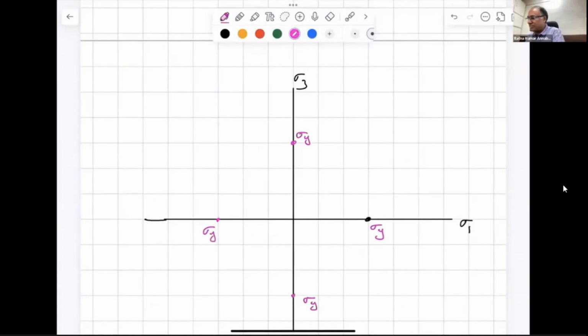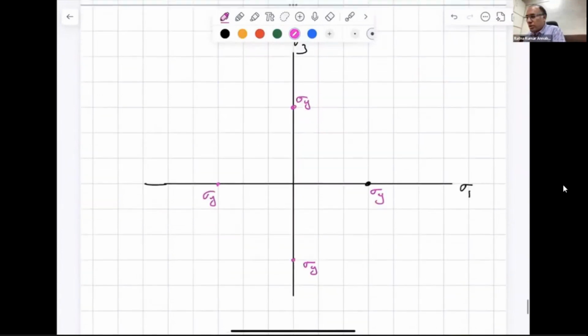Okay, that is my sigma y. Let us talk about maximum normal stress theory. What does it say, tell us? What does maximum normal stress theory tell you?